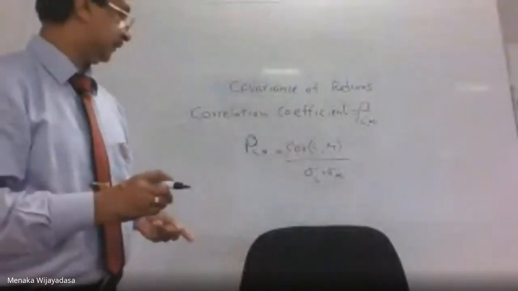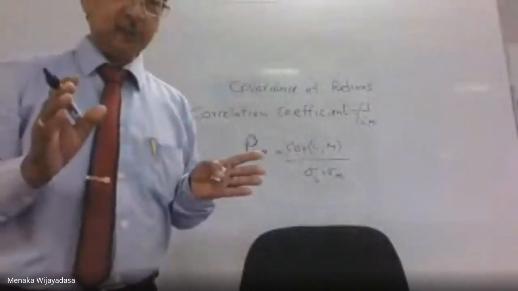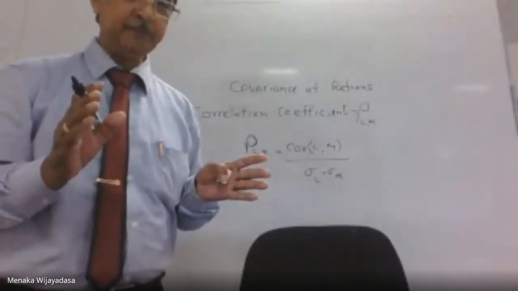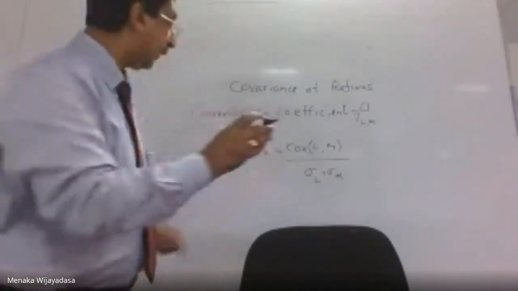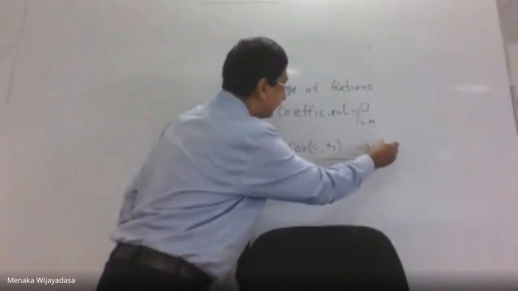In our exercise, we calculated the covariance of returns between L and M as minus 34.65.